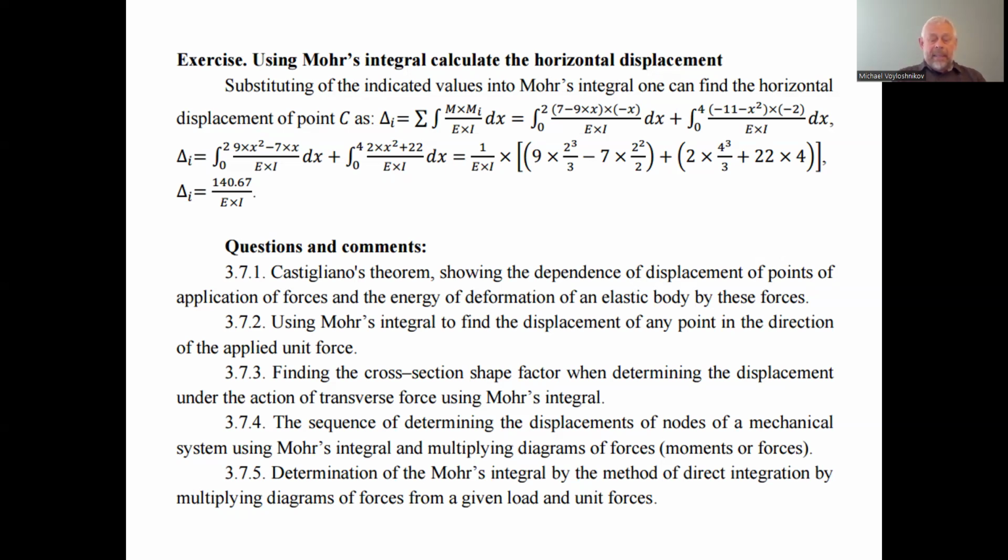The integral is taken over the total area of the transverse section.